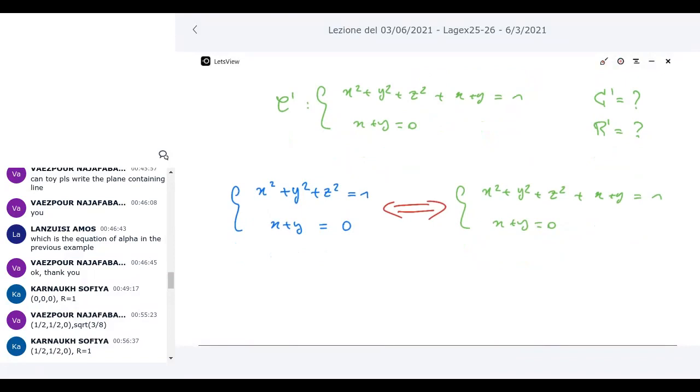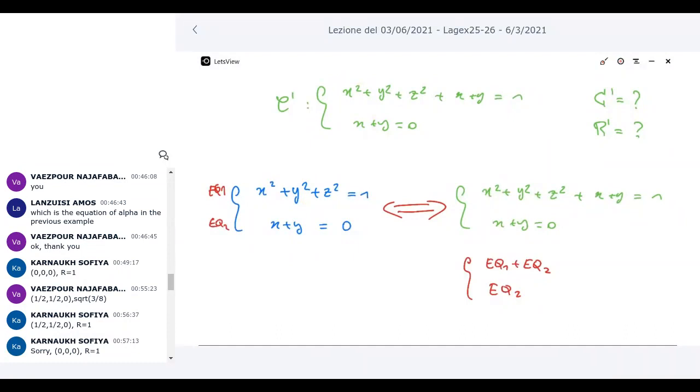Because if you call this one equation 1 and this one equation 2, then the green system is just the same equation 2 and equation 1 plus equation 2, right? So the systems are equivalent, and so they have the same solution set.